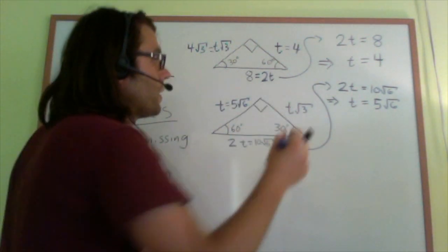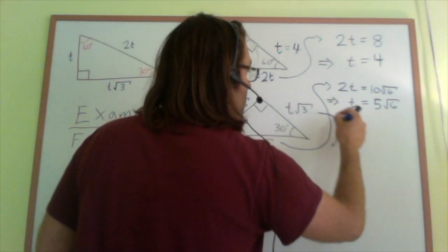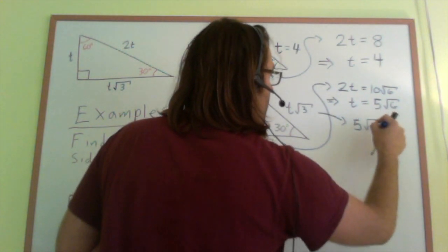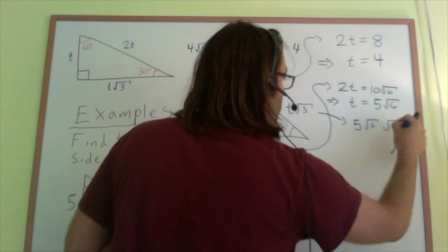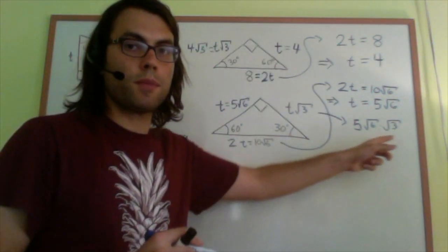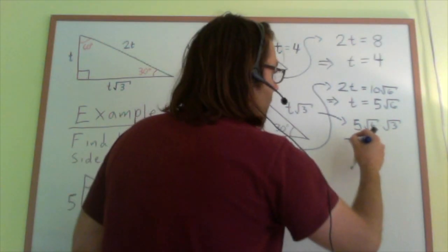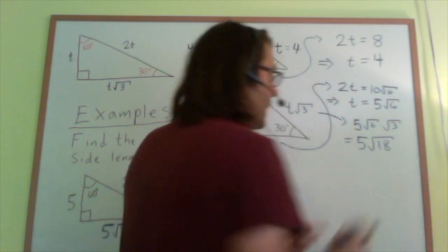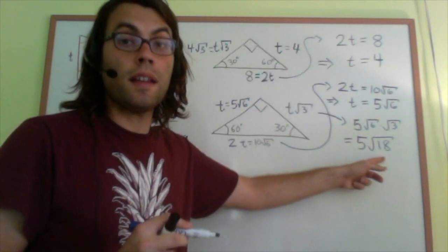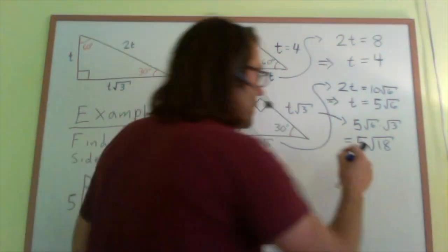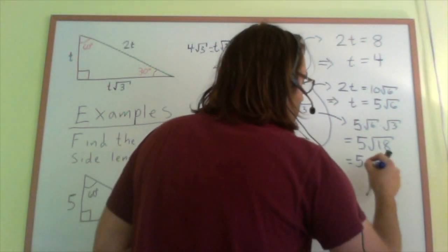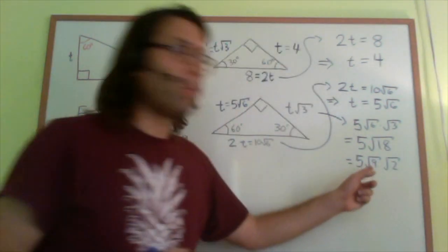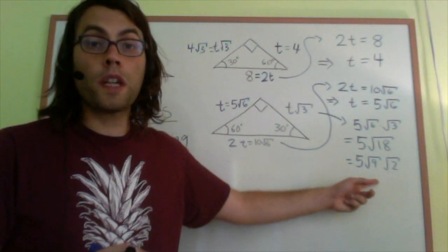Now this one here would have to be 5 root 6 times root 3. And then we know 6 times 3 is 18, so root 6 times root 3 is going to be root 18. Okay, now 18 is 9 times 2. So that means root 18 is the same thing as root 9 times root 2. Root 9, of course, is 3.